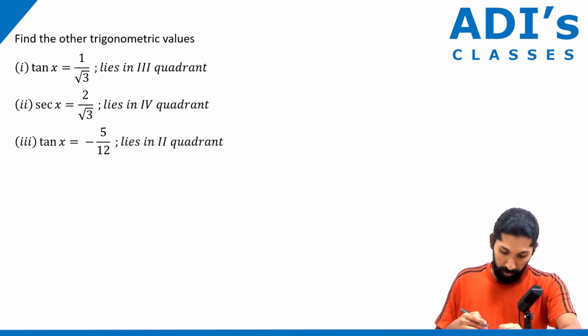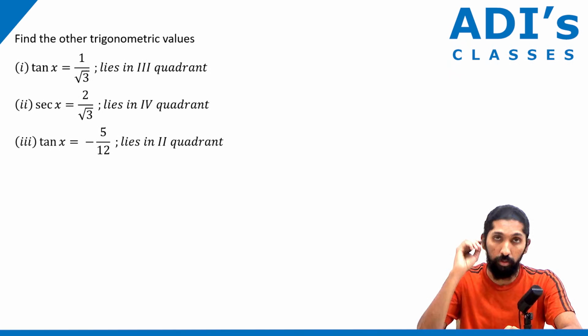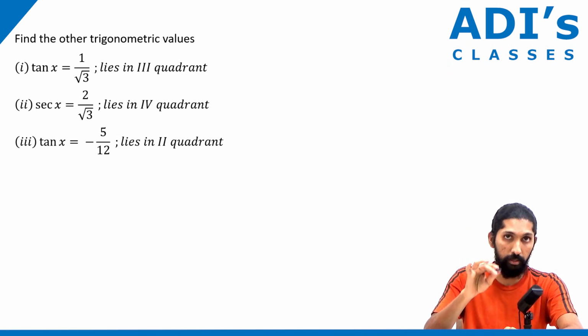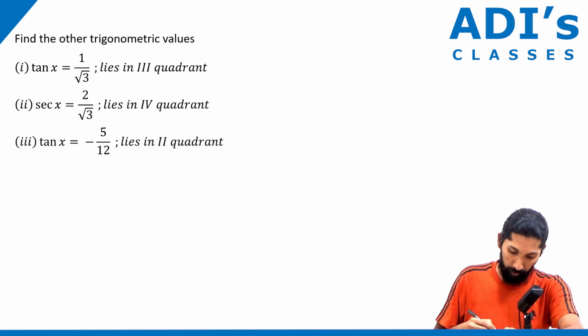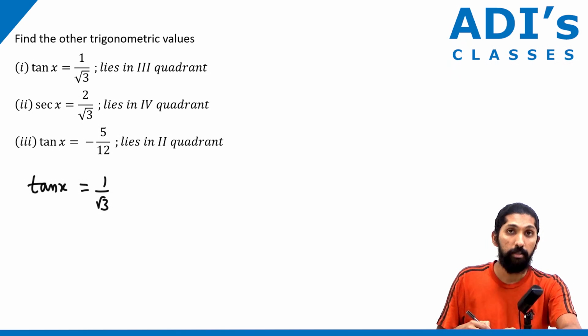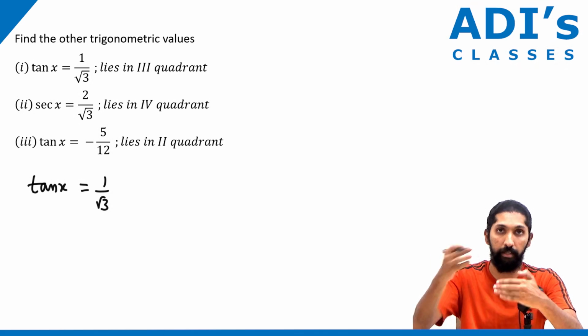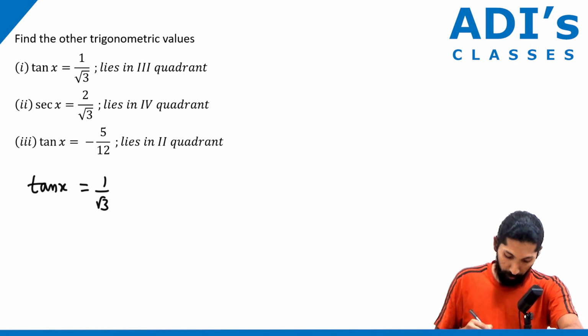So first what we'll do, tan x is 1 by root 3, and this is in the third quadrant. So tan of x is equal to 1 by root 3. Since this is in the third quadrant, it is 180 plus some value theta.